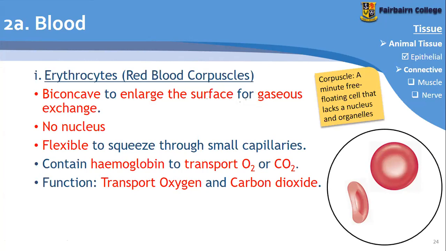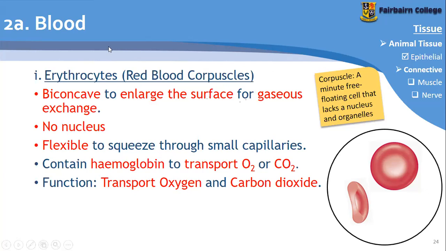They're basically just a membrane with certain very important things in them. They're actually called corpuscles, and the definition of a corpuscle is a minute, free-floating cell that lacks a nucleus and organelles. It's a bit confusing, but just know that it's a cell without a nucleus.